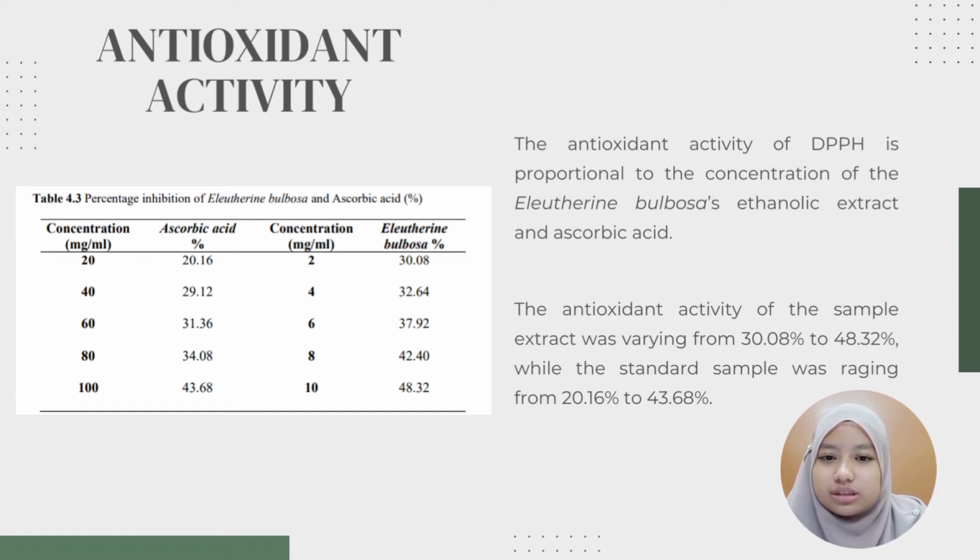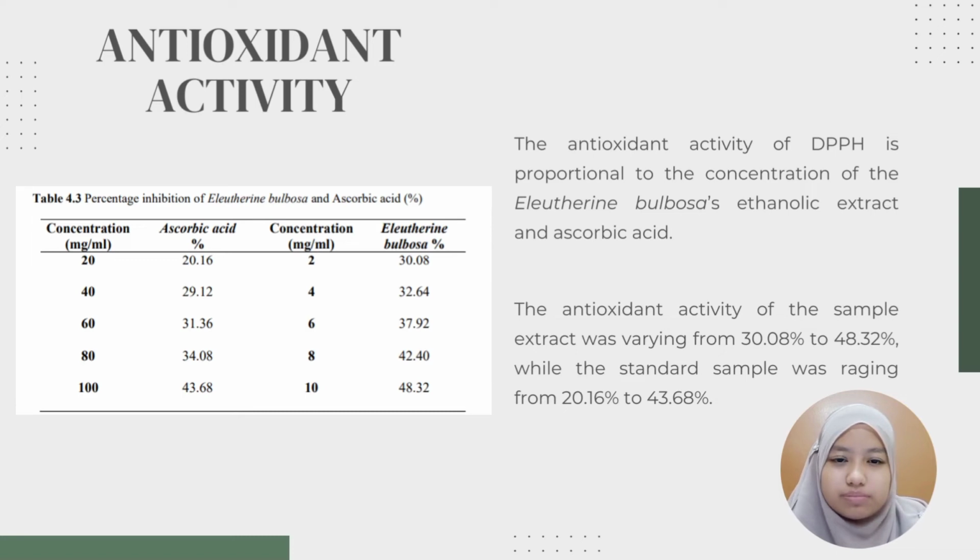The concentration of extract sample is different from standard sample ascorbic acid due to the strong suppression of antioxidant activity, which makes the DPPH free radical scavenging assay extremely sensitive, allowing detection of ascorbic acid at low concentration.